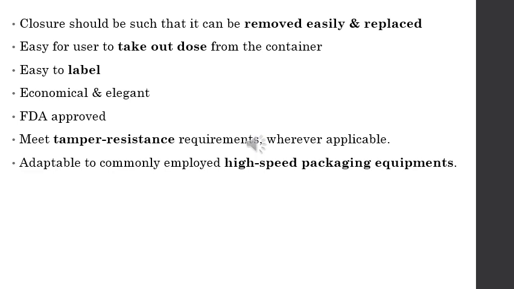Then it should meet the tamper resistant requirement if applicable. And the last point, with reference to the manufacturing aspect, is that it should be adaptable to the commonly employed high speed packaging equipments. So it should not break, it should fall in line with the equipment, say the process which is used for packaging.